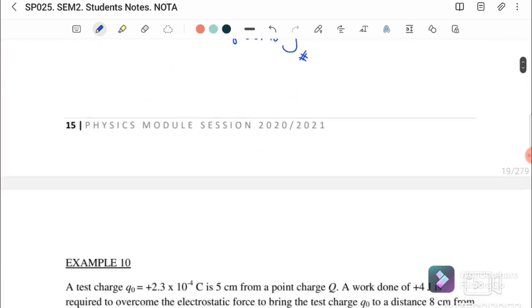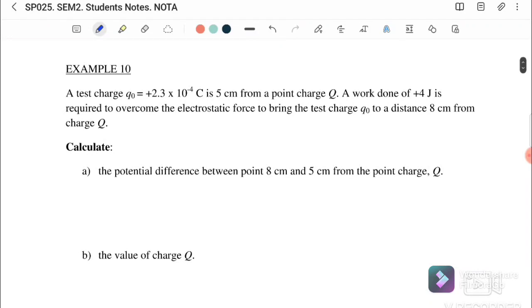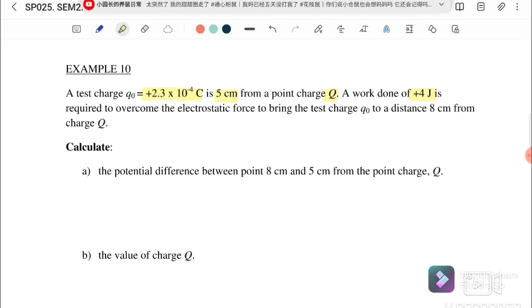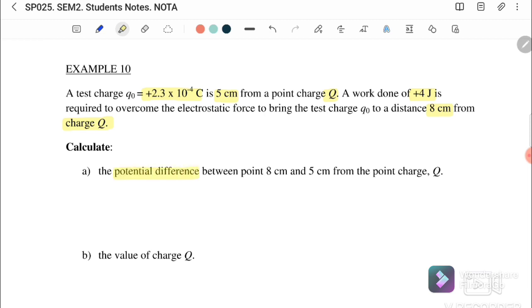Okay, next we will go to example 10. A test charge of positive 2.3 exponent negative 4 coulomb is 5 cm from the point charge Q. A work done of positive 4 joule is required to overcome the electrostatic force to bring the test charge to the distance of 8 cm from the charge Q. Calculate the potential difference.